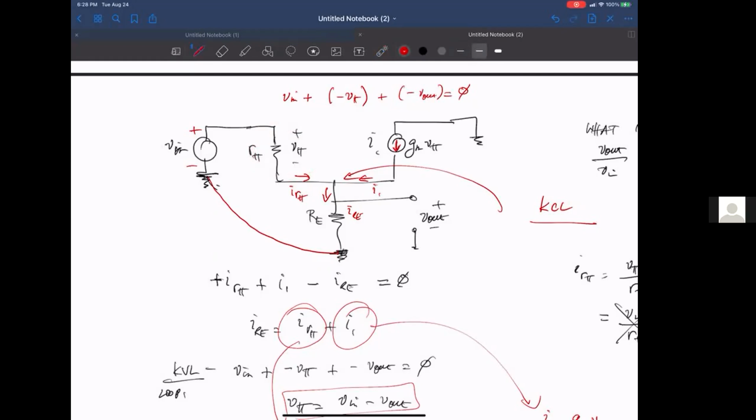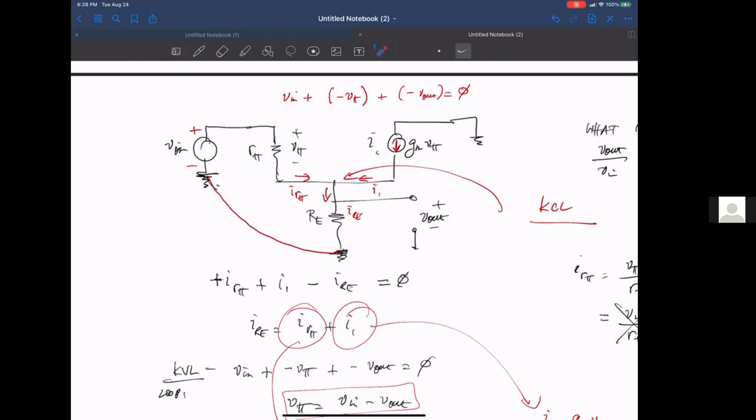Then another question. There's a node between V in and R pi. Does that mean the currents leave that node, both of them? So you're saying this node here. Would currents be leaving both sides?